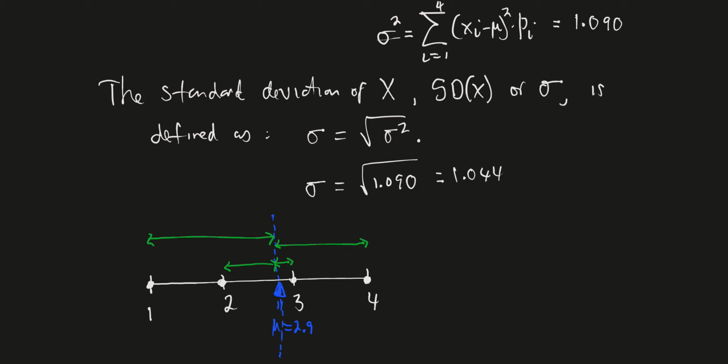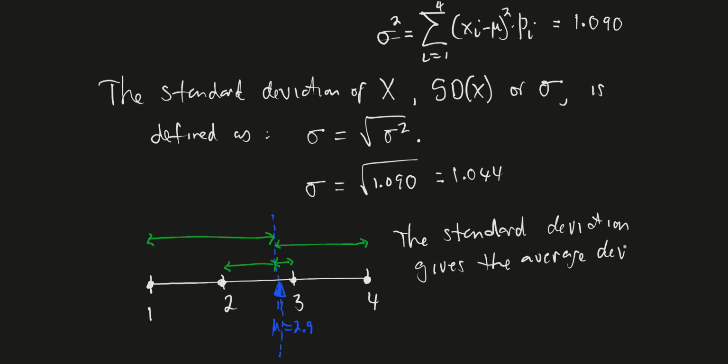So the standard deviation gives the average deviation of the possible values from the mean.